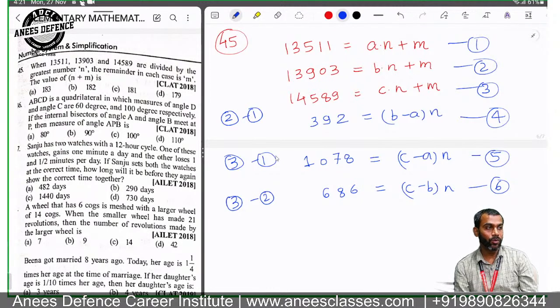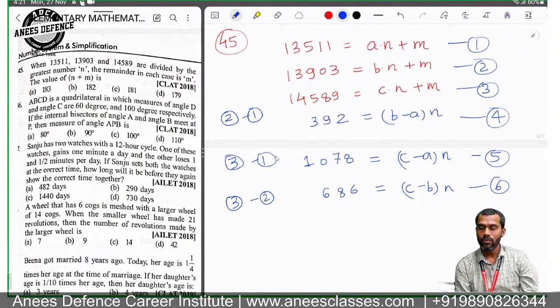We need to just divide the larger number by a smaller number, and whatever the remainder you get, that becomes the divisor, and the last divisor will become the dividend.